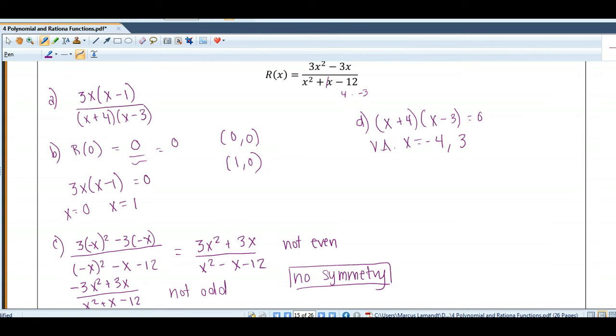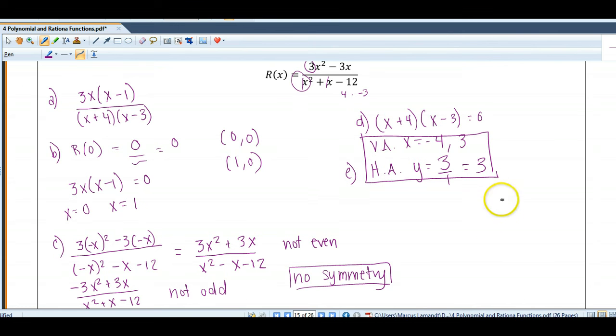Where's my cursor again? There it is. You just take the coefficients of the first two terms, so in this case 3 and 1, and that is your horizontal asymptote. 3 over 1, which is just 3. Okay. I guess that was part E.